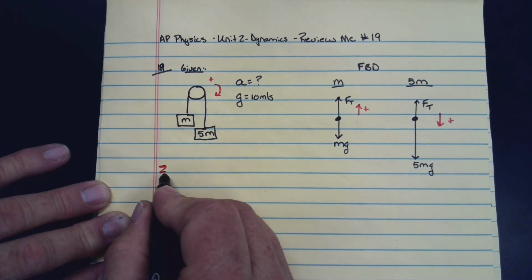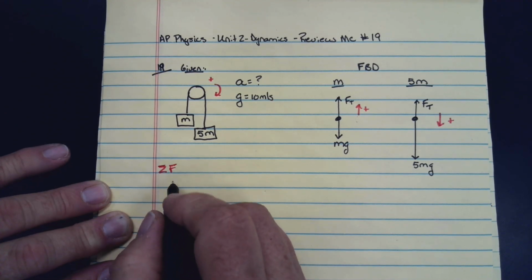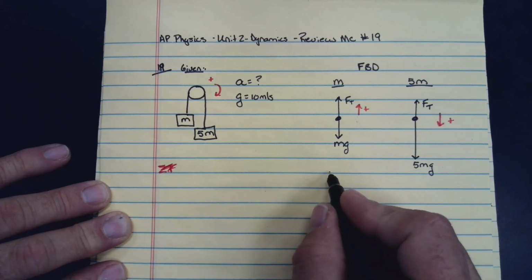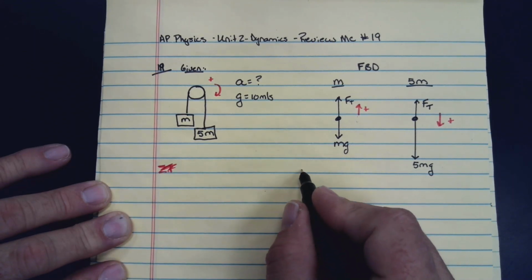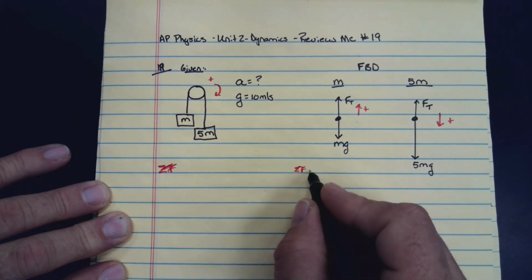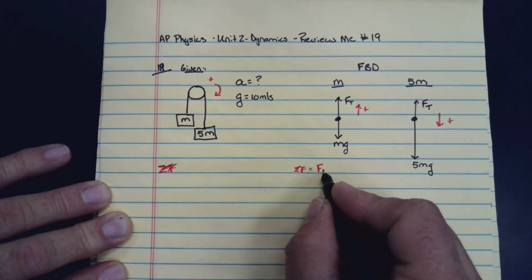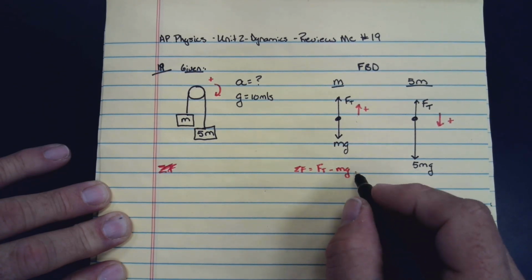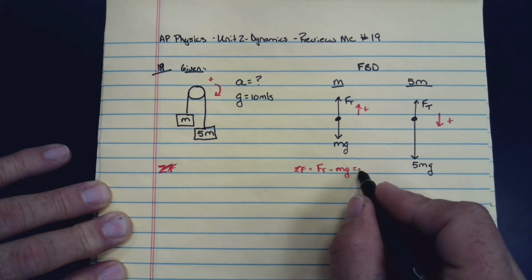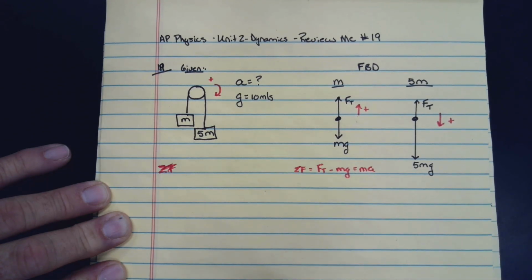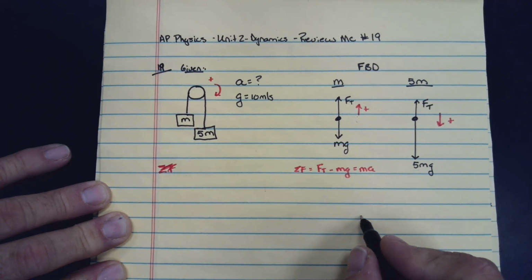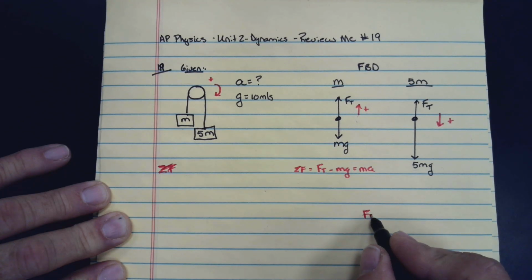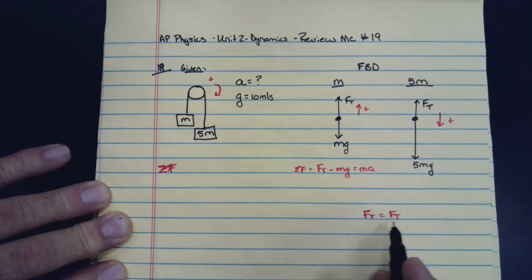Next is to write my sum of forces, and I'm going to do it for this block first. So the sum of my forces in this case is F of t is positive minus mass and gravity, and we have mass and acceleration. And again, I'm working towards the tension has to be the same in both.